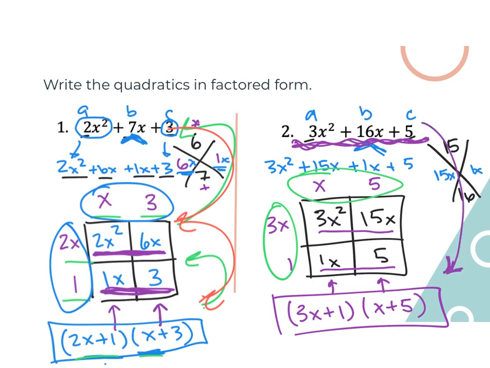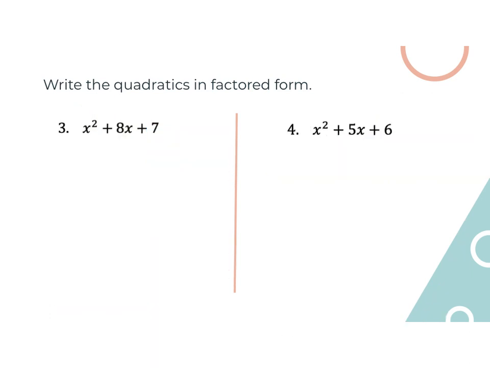And all that means is that I took apart the product, this product right here, that gave me that answer. So this is the original product. If I wanted to put these two back into a box method, if I put these two back on the outside and multiplied to get my terms on the inside, I would get back to this original expression.